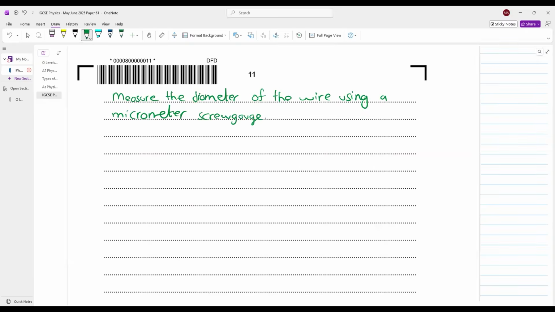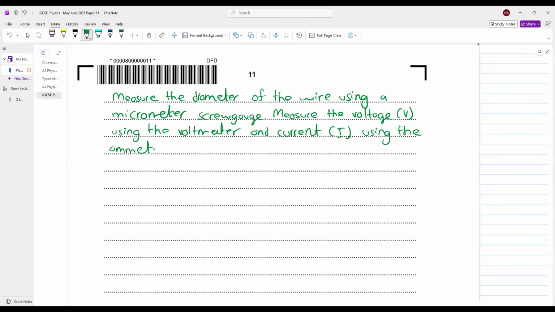And what else? What else will you say? Measure the voltage V using the voltmeter and current I using the ammeter.